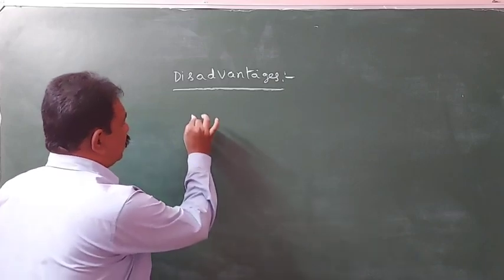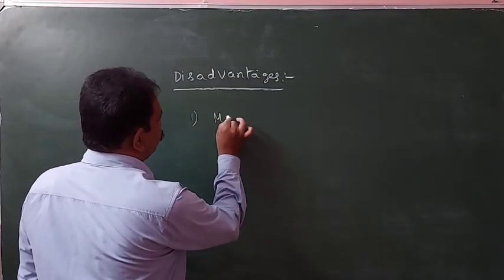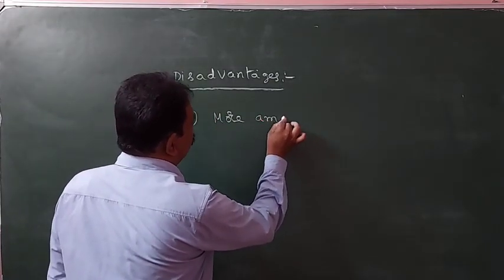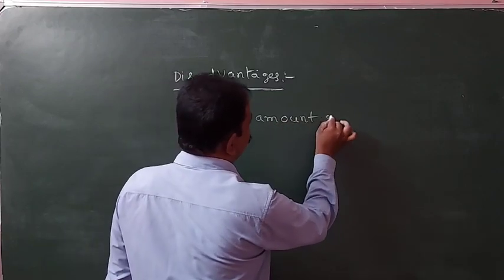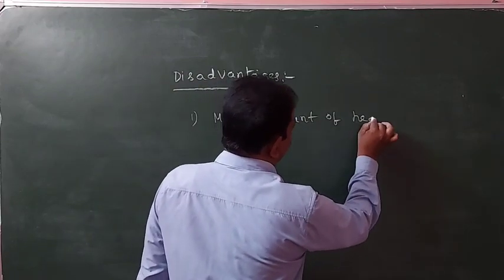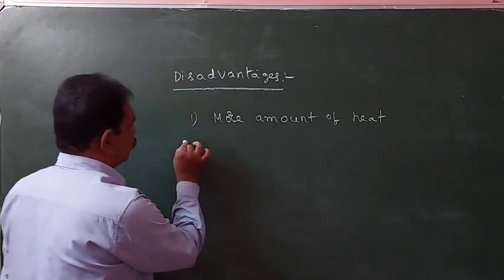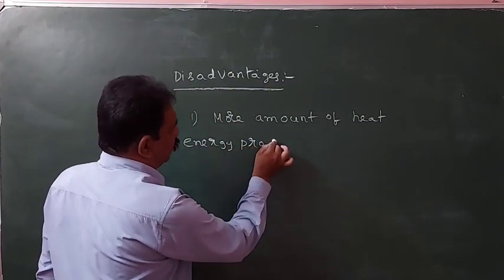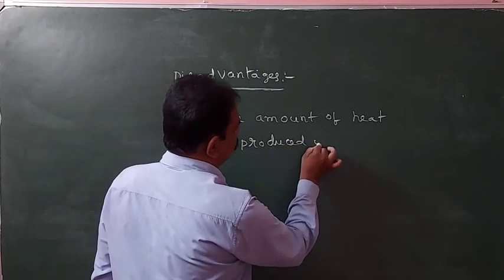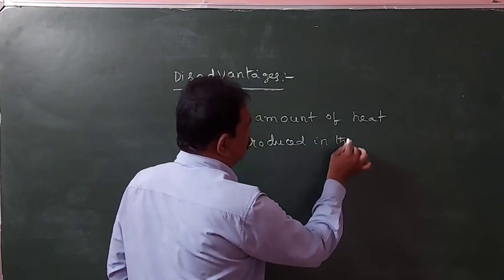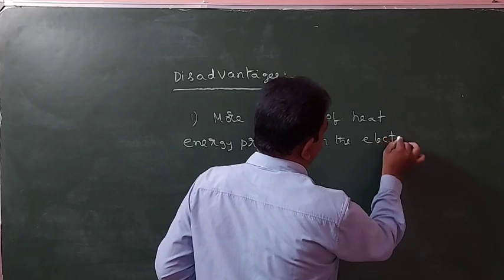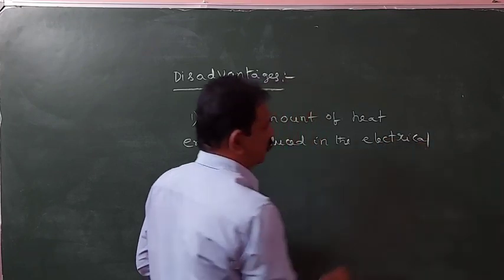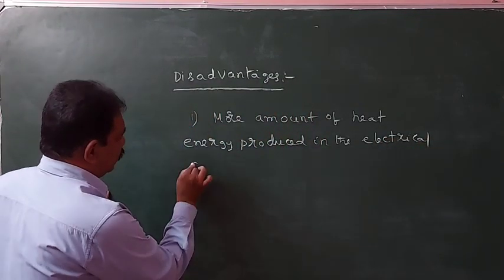So disadvantages means more amount of heat energy produced in the electrical device.